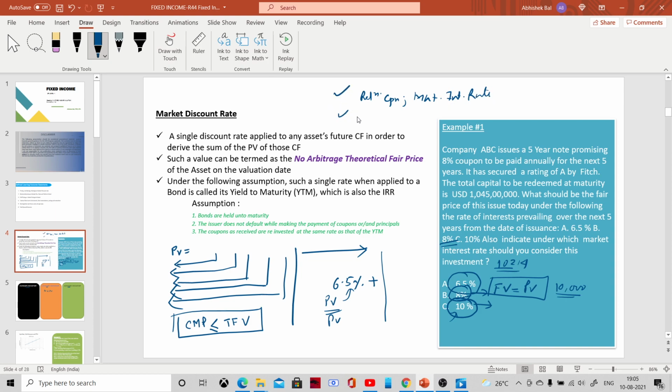Second, we understood the meaning of the present value, that is the investment that I must make today. And of course, we also understood the meaning of the face value, and the relationship between the present value and the face value under different prevailing market interest rates.